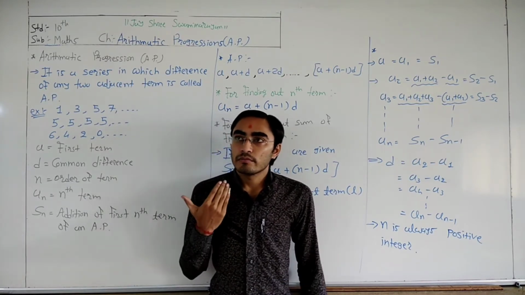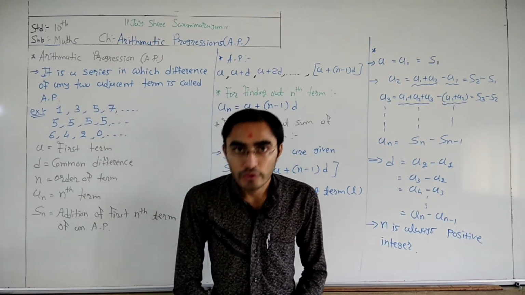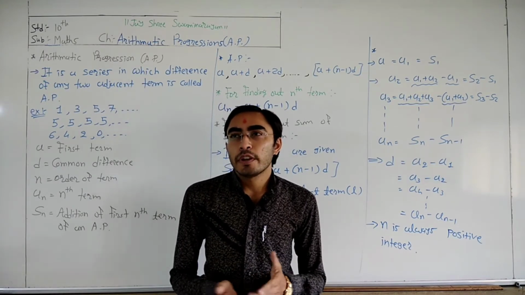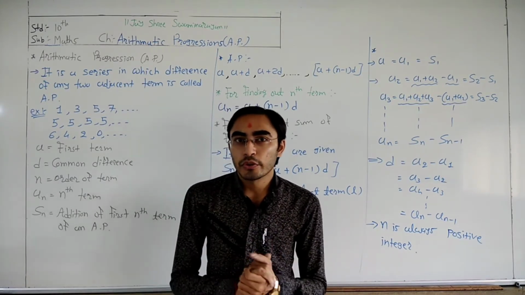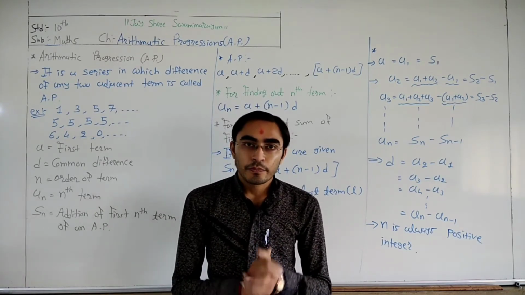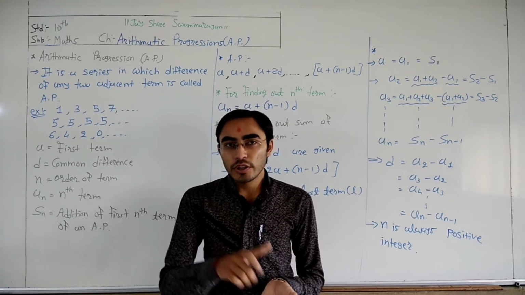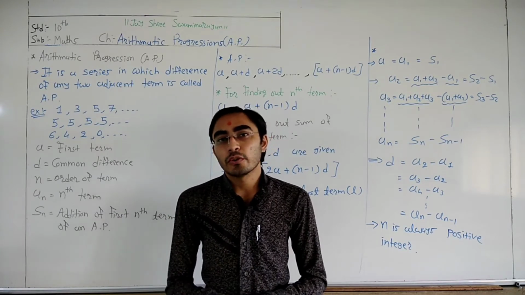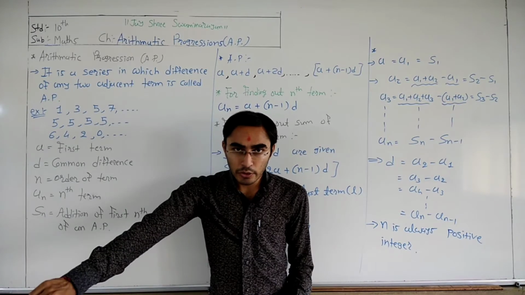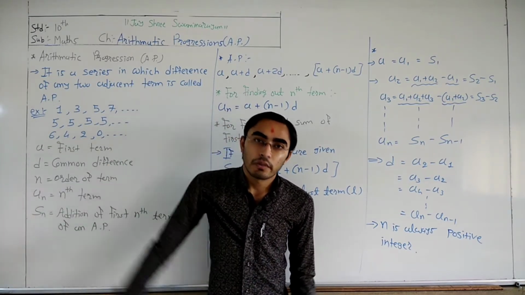If you think about the payment of a loan, say a 5 lakh loan, and every year we pay 20,000 rupees. In the first year we give 20,000, in the second year also 20,000, in the third year also 20,000.